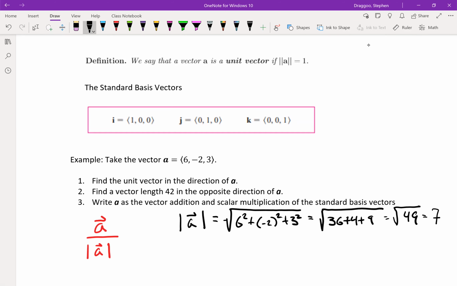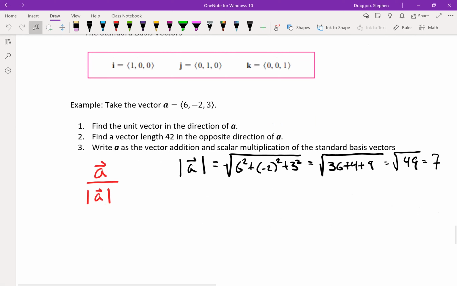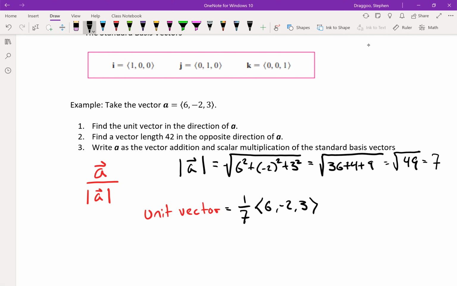So our vector A has a length of 7, and if we want the unit vector in the direction of A, it should be equal to 1 over 7 times the vector ⟨6, -2, 3⟩.